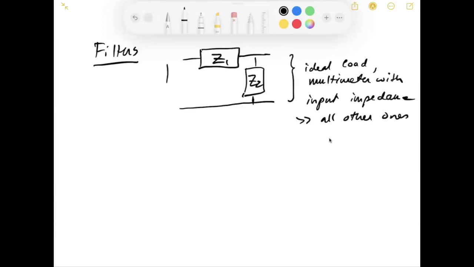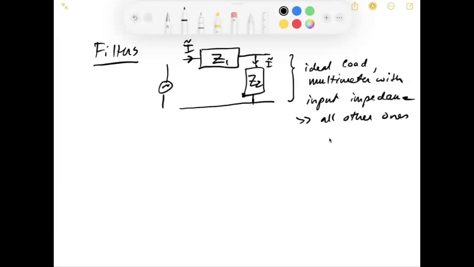And we have some kind of a source here, and the source is just driving some kind of a current through the circuit. And because the input impedance is high, all the current that goes through the first one goes through the second one. So that's what makes it an ideal voltage divider. And this is the most simple circuit to deal with.